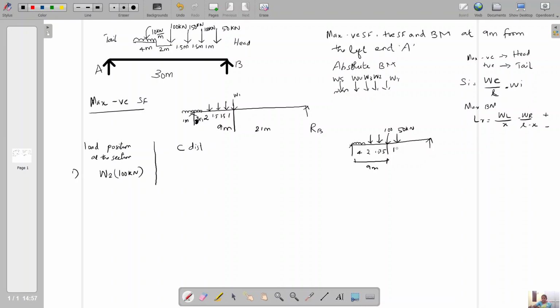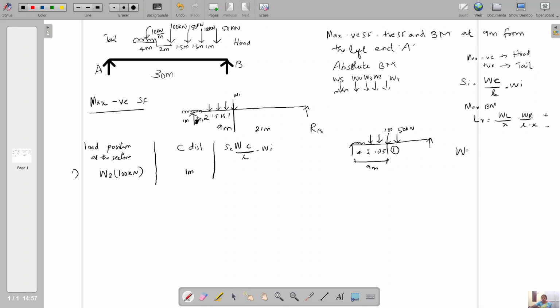So the C distance: the load moved to the right is 50 kilonewton and the load placed on the section is 100 kilonewton. So the distance between these two is equal to C, so 1 meter distance. Then the formula: SI equals WC by L minus WI.